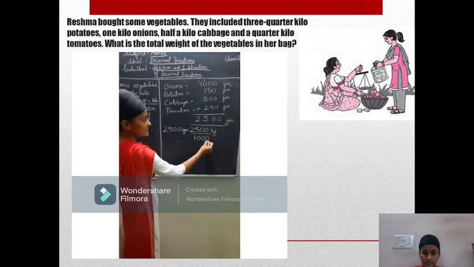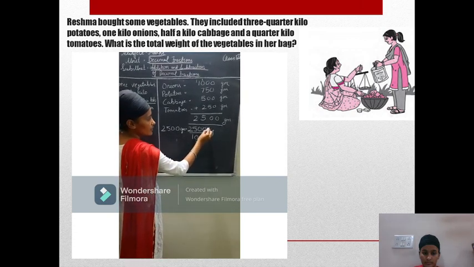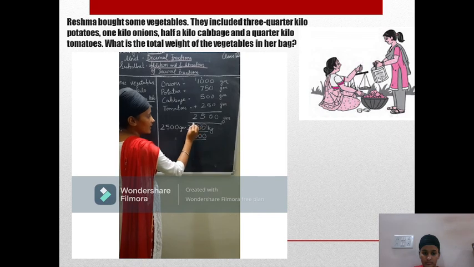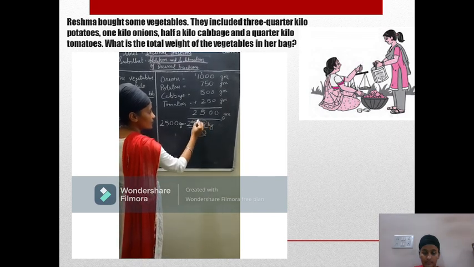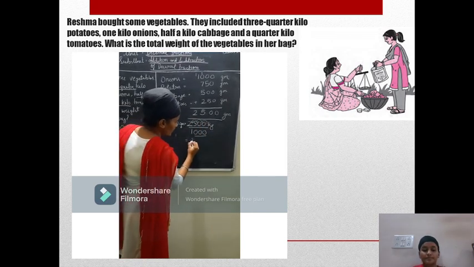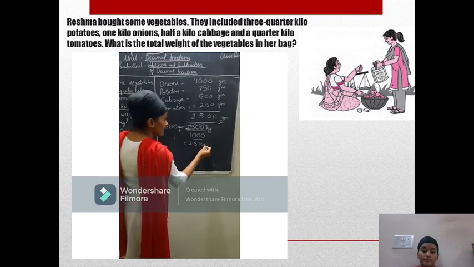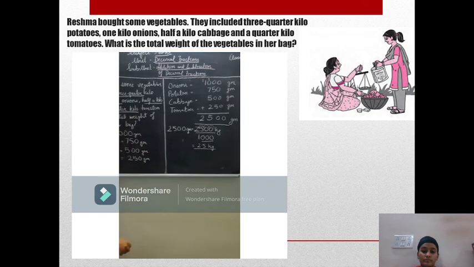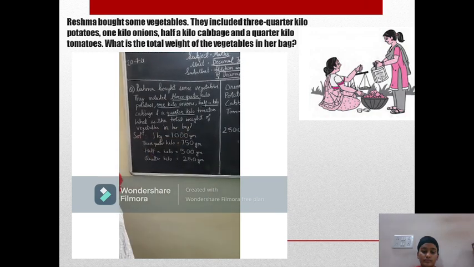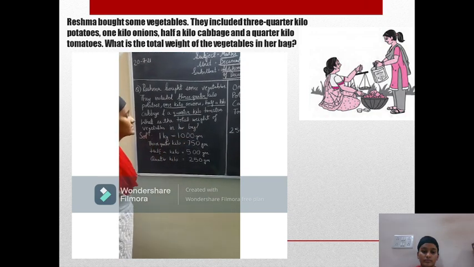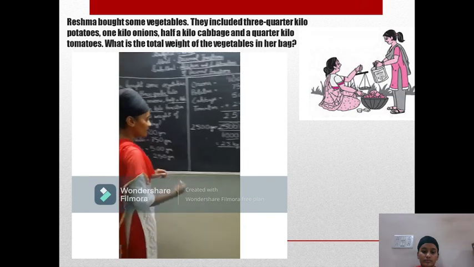Now, you will see the 3 zeros here. Now you will check where you have to put the decimal point. So, 1, 2 and 3. So, 2.5 is your answer. 2.5 kgs is your answer. So, what was the total weight of vegetables? The total weight was 2.5 kgs.